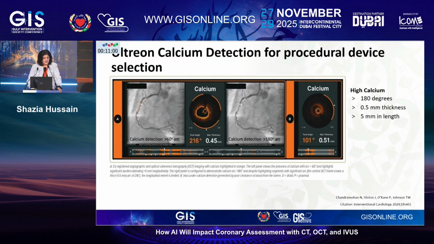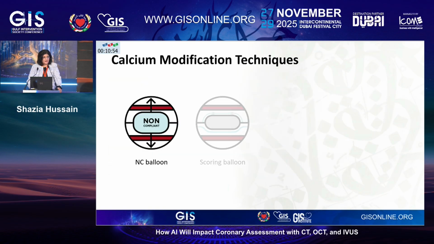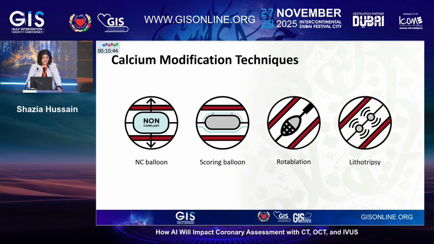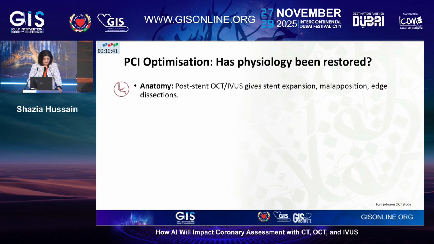Okay, and I've already mentioned IVUS and calcium detection, and that also can help with procedural device selection. And as you're aware, I don't need to go through this, the amount and distribution of calcium will suggest which calcium modification technique we should use.